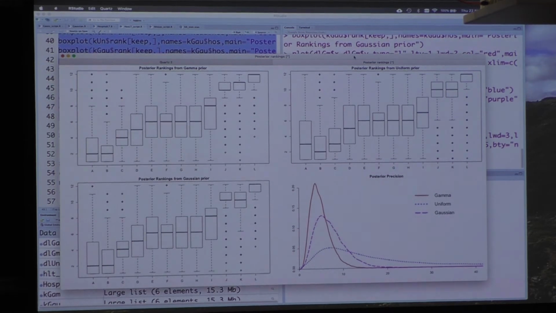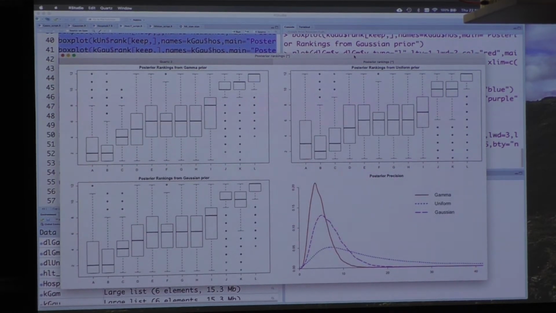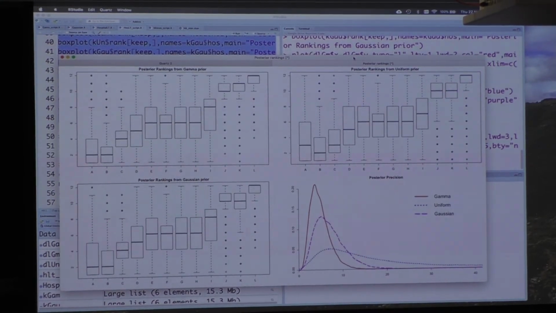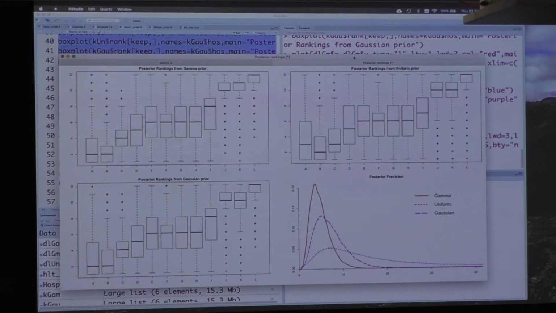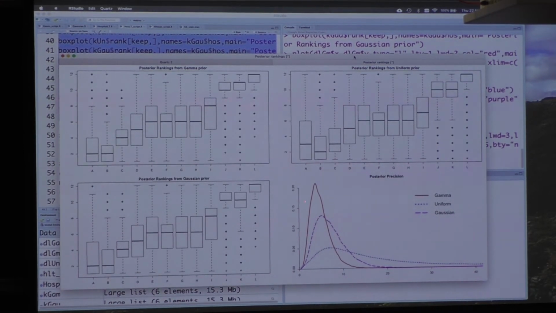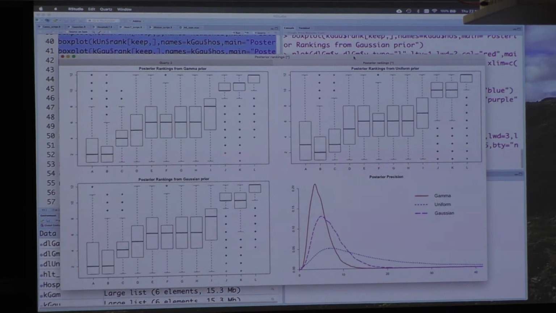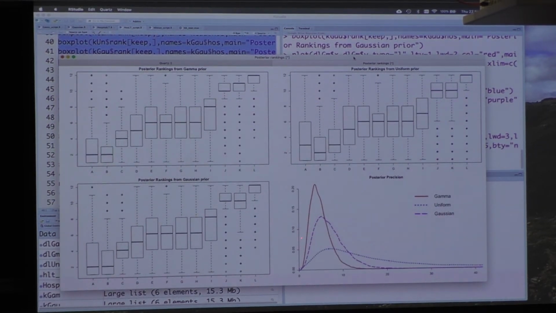I did it for 3 different priors, and this is illustrating how different the posterior distribution of that parameter, the precision, is for each one of the priors, okay? This is the posterior coming from the uniform prior, the half Gaussian, and the gamma. So we can see that they're roughly centered around the same value, very roughly, but they are very, very different in scale, okay?